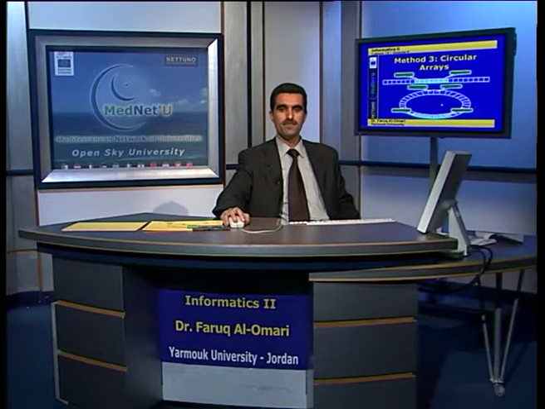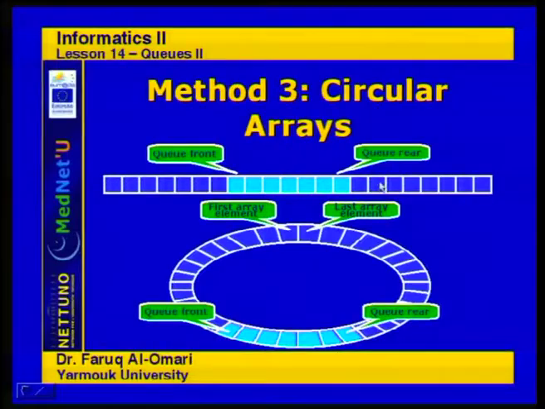Here's a picture of it. Instead of looking at it as a straight line kind of implementation, we're doing it in this fashion. So at any given time, I again have the two pointers, one pointing to the first or front entry, one pointing to the rear.